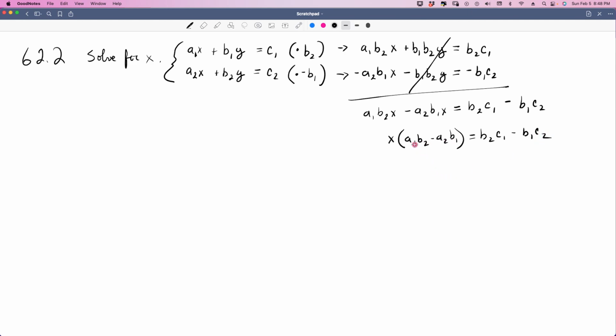And then we just divide everything by the second factor here in parentheses. So x is equal to b sub 2 c sub 1 minus b sub 1 c sub 2 divided by a sub 1 b sub 2 minus a sub 2 b sub 1. And that would be your answer, because it's already in alphabetical order.